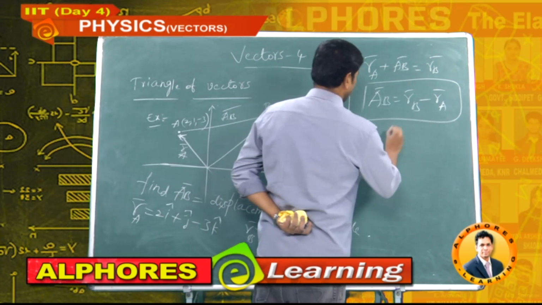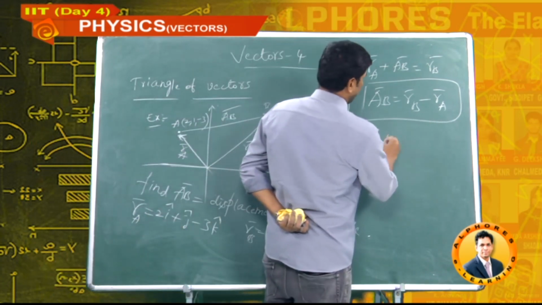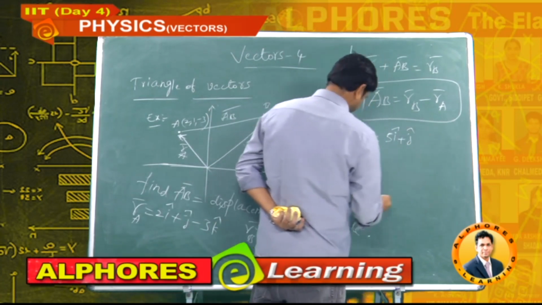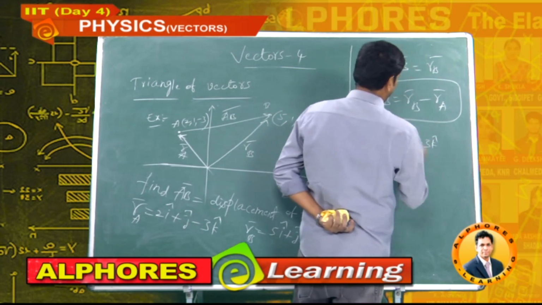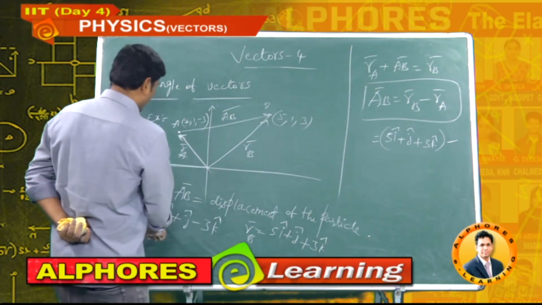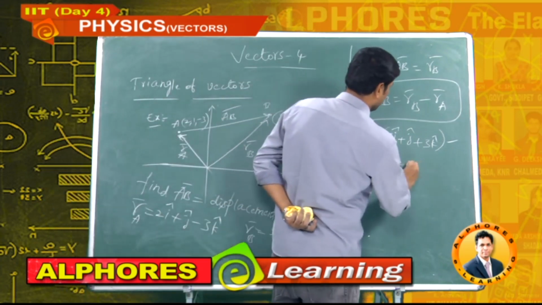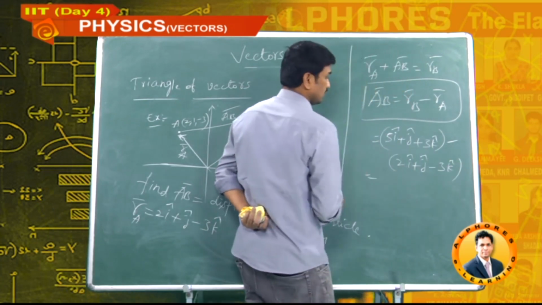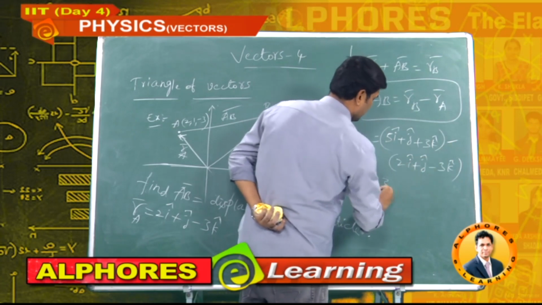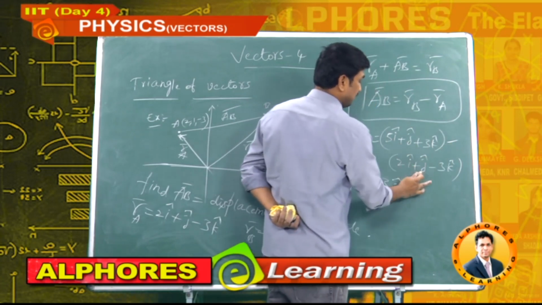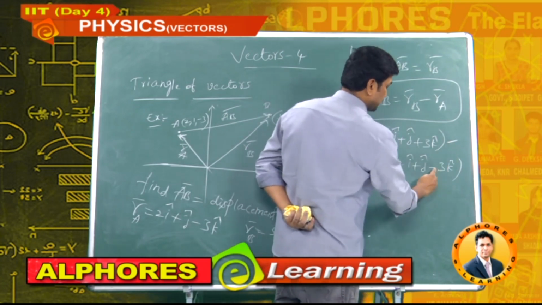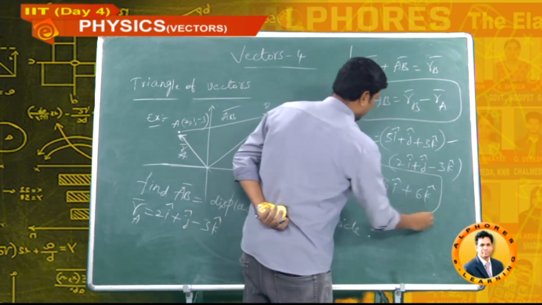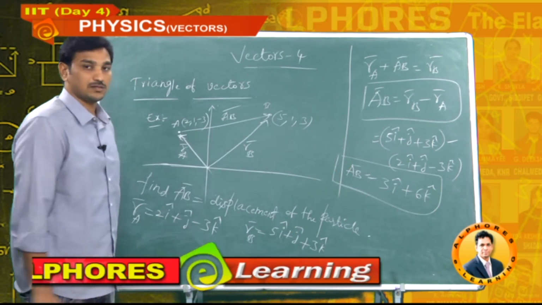RB bar minus RA bar is 5i cap plus j cap plus 3k cap minus 2i plus j minus 3k cap. 5 minus 2 is 3 i cap, plus j minus j is 0, minus of minus plus, 6 k cap. So the displacement of the particle AB bar is 3i cap plus 6k cap.